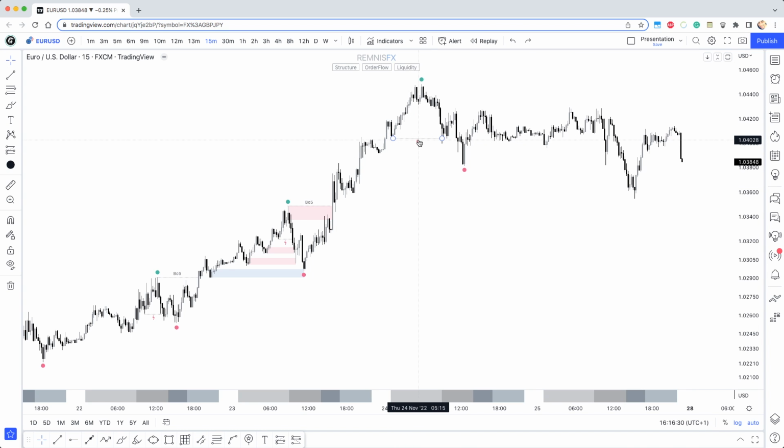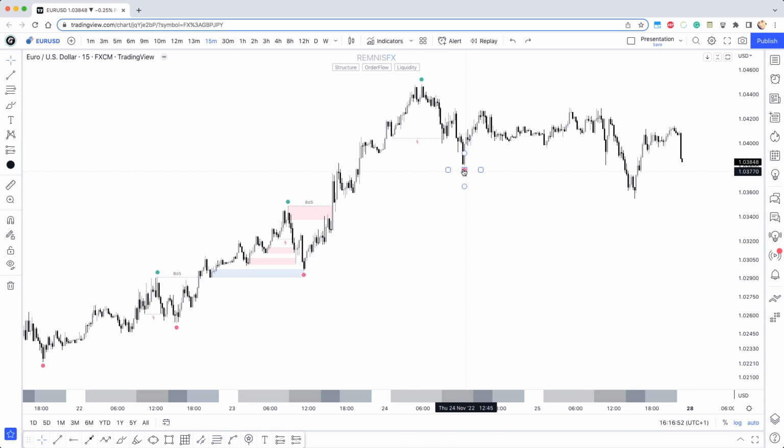I will make a different video about that, or maybe I will just post a diagram. Let me think about that. So this is definitely an inducement, and don't mistake it for a change of character just because it broke down.